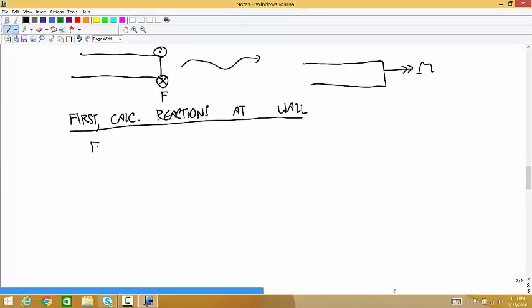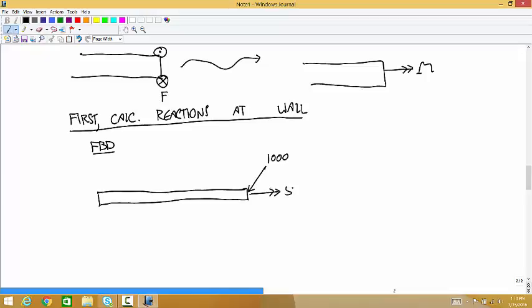Okay, so free body diagram of this beam. We have all of these applied loads, the 1,000 over here, the couple of 5,000 newton meters, and then the fixed joint at the wall.